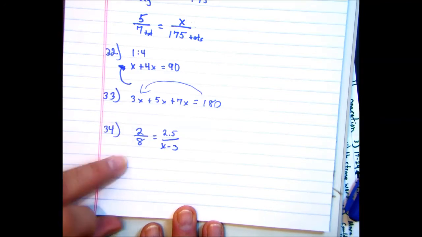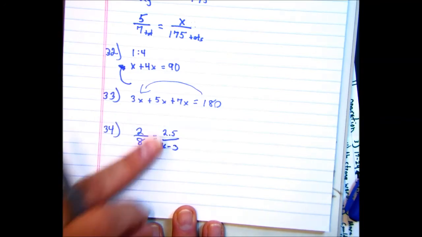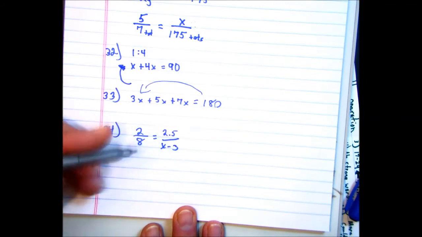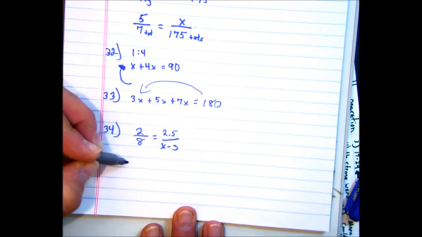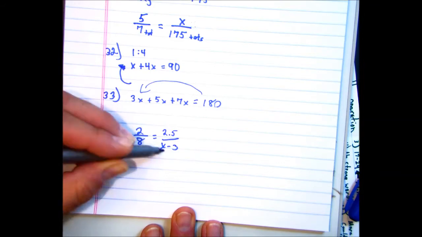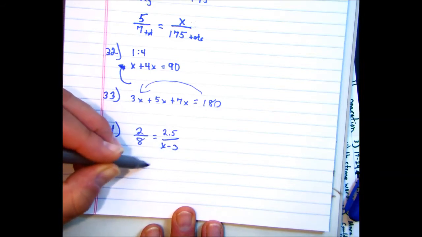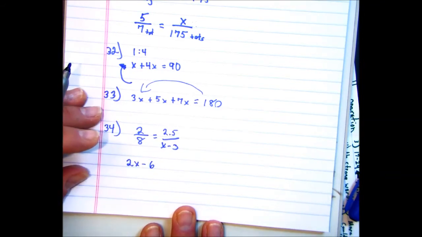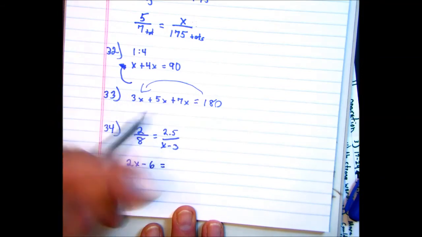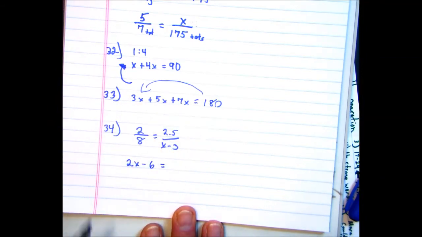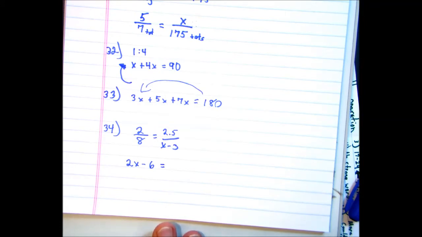You can pick 4 and 16. It doesn't matter which 2 you pick as long as you use the matching ones that you need. Then you cross multiply. The key to this one is making sure that when you cross multiply you remember to distribute. This becomes 2x minus 6, and then equals whatever the cross multiplying is, and then solving and finding the value of x.